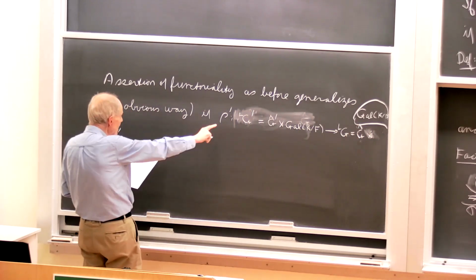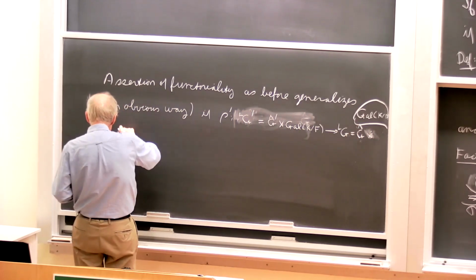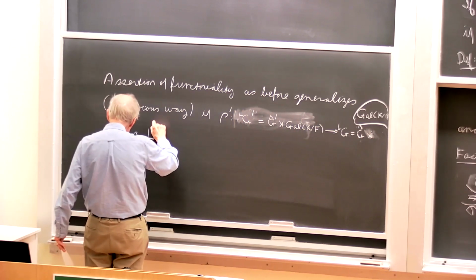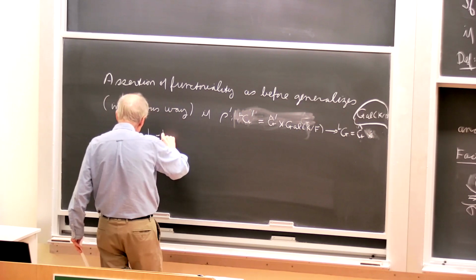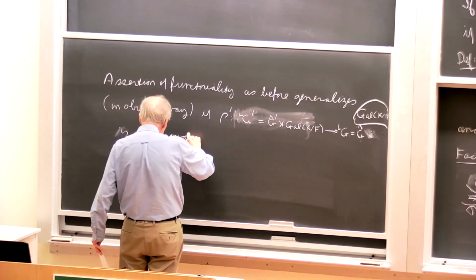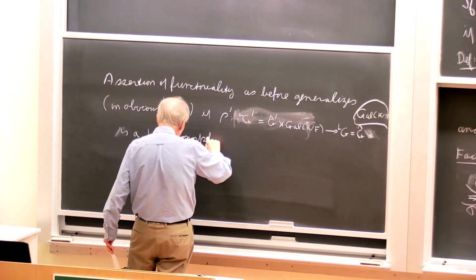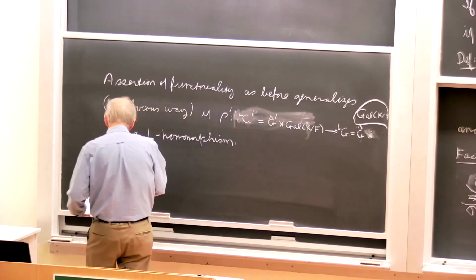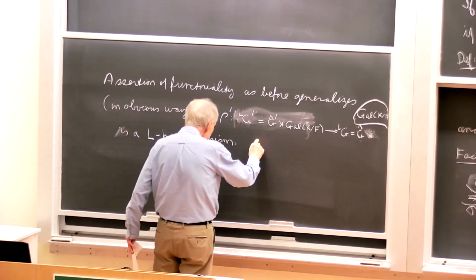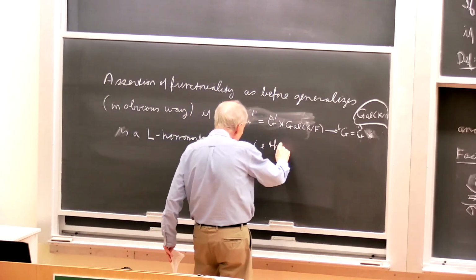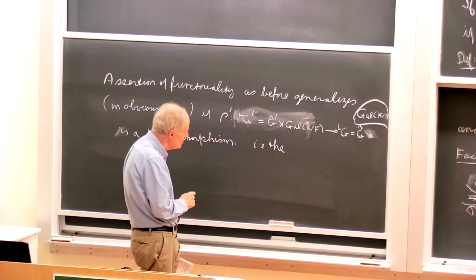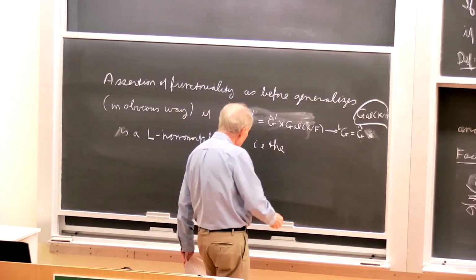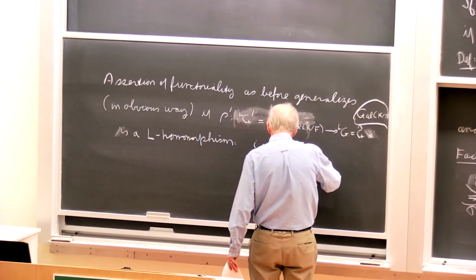Rho prime is what's called, these days, an L homomorphism. Langlands didn't use this terminology. Namely, it commutes with the two projections of these semi-direct products onto the Galois group.